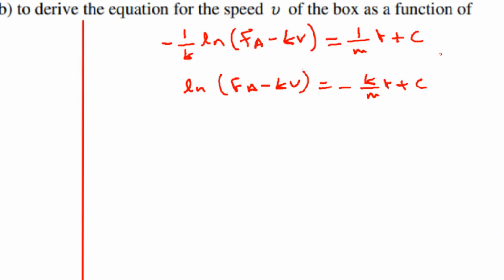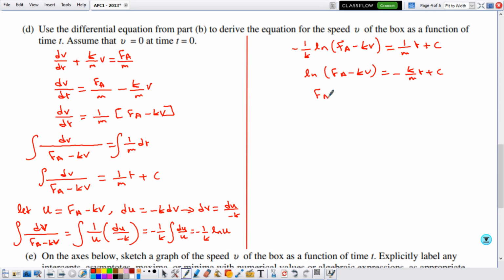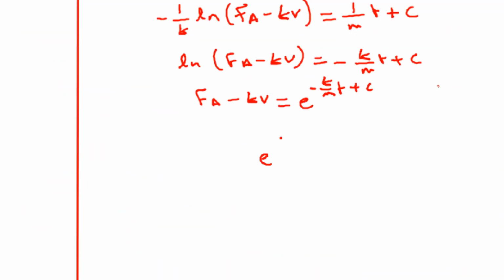And now we can get rid of the ln function by taking the exponential of both sides. That would be Fa minus kv equals e to the power of minus k over m times t plus c. And let's recall the identity e to the power of a plus b equals e^a times e^b.